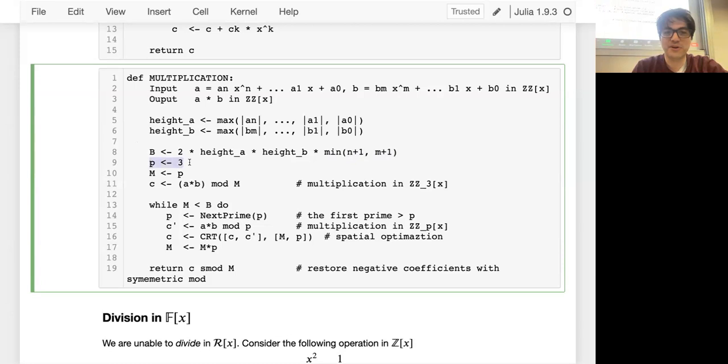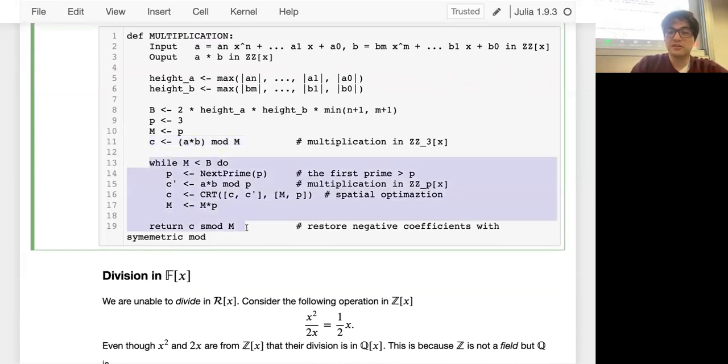Then I pick the first prime. Then I have this m, which is going to keep getting bigger. We need m to be bigger than B before we can stop. Then you just do multiplication mod m, which is one of your tasks. You have to have a polynomial mod p, so that when you do multiplication, its terms are getting reduced mod p in that process.